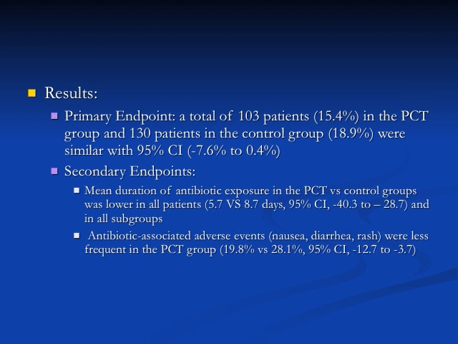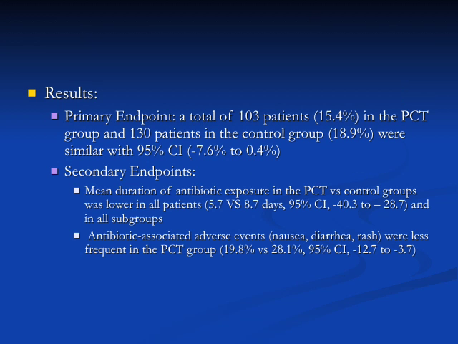So going to the results, for the primary endpoint, a total of 103 patients in the procalcitonin algorithm group and 130 patients in the control group had adverse effects, which were similar with a confidence interval of 95%.